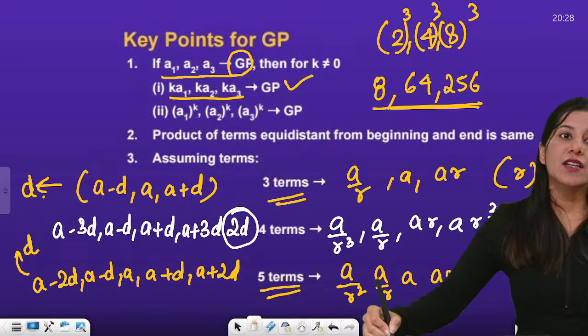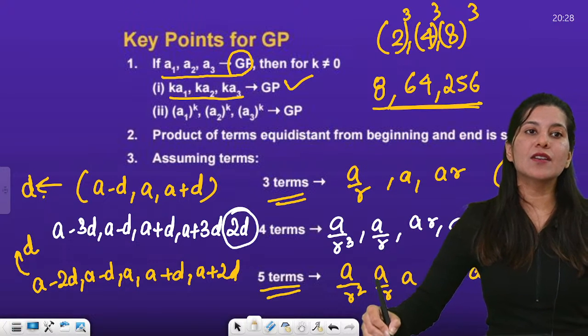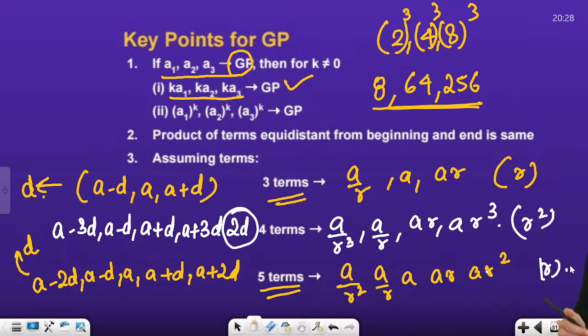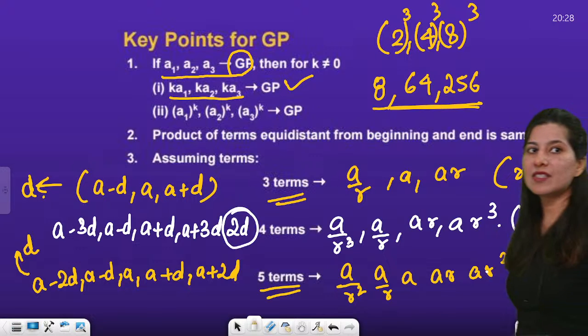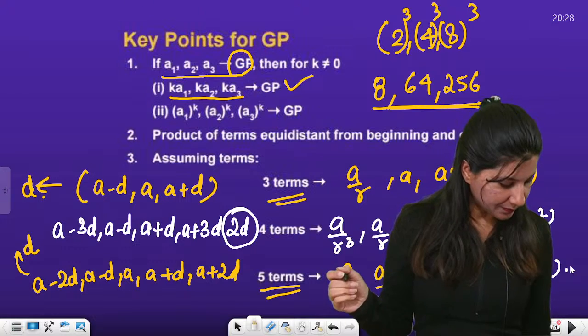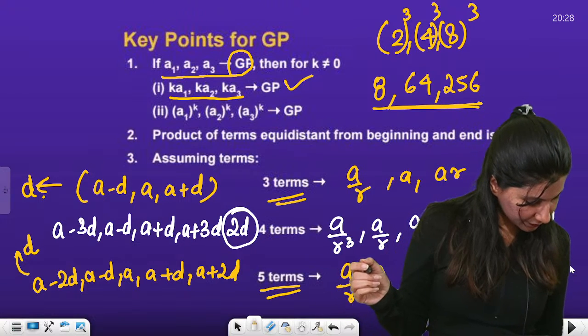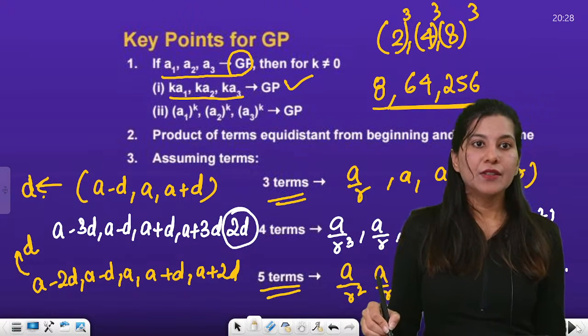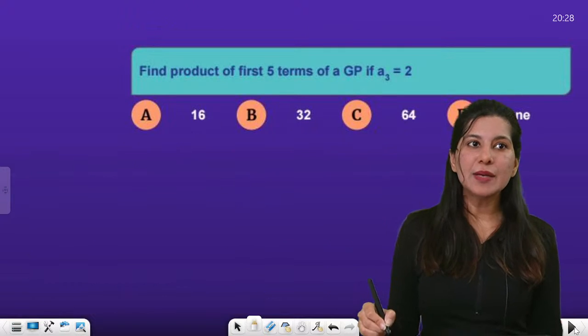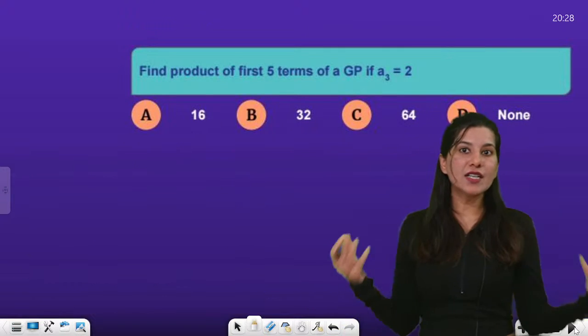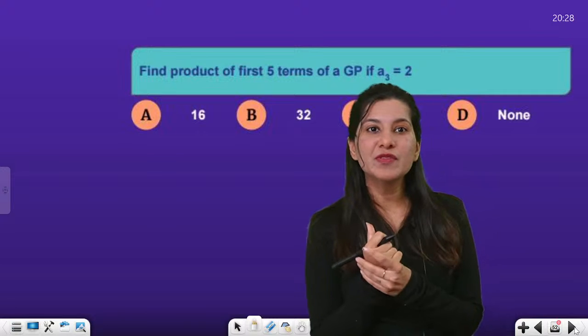Have a look, here the common ratio is R square and here the common ratio is R. So 3 and 5 follow the same pattern, right? But for 4 terms the common ratio is R square. Clear?